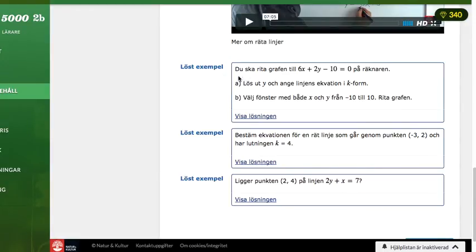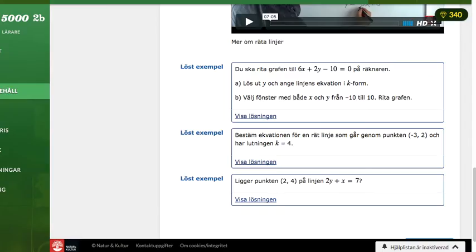So we are going to draw the graph of 6x plus 2y minus 10 equals 0 on our calculator.